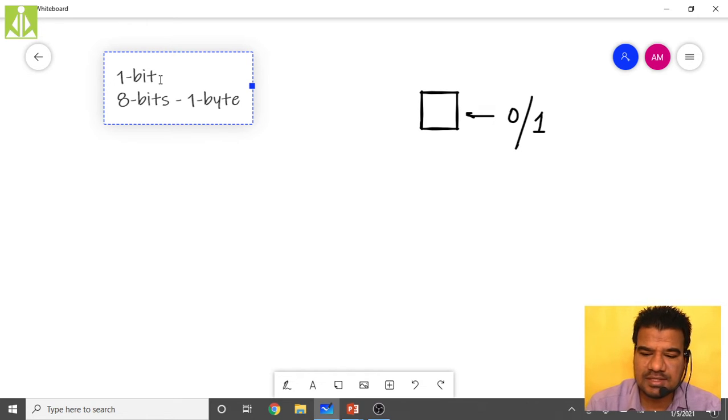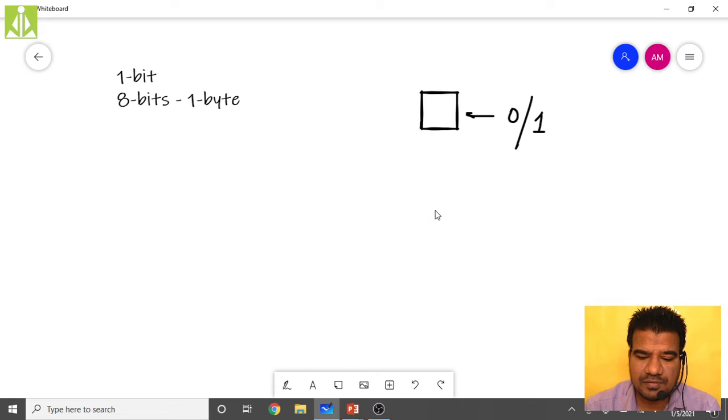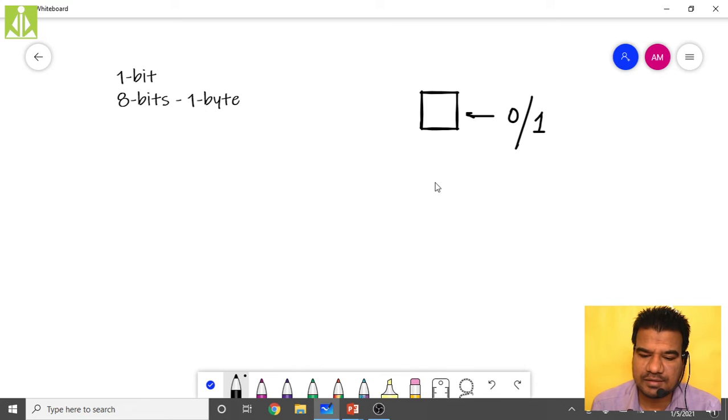So 8 bits means how many blocks? You will get 8 blocks.